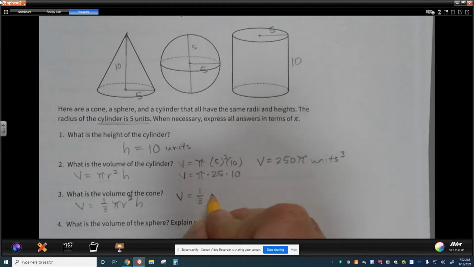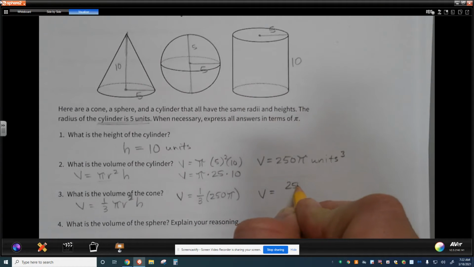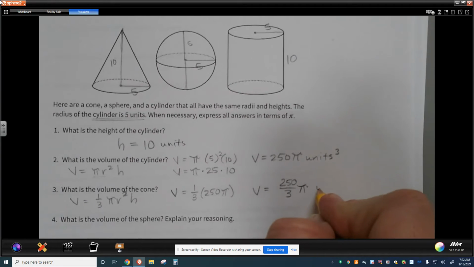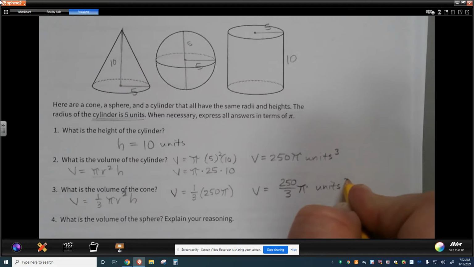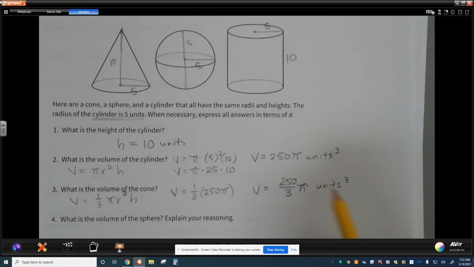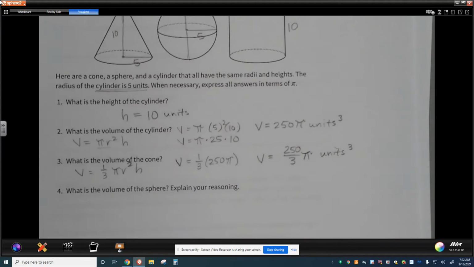So the volume should be 1/3 of 250 times pi. So we would say the volume is equal to 250 divided by 3 pi units cubed. The reason we're not going to a decimal right now is because we're told to give the values in terms of pi, which means we want exact values, and this would be a repeating decimal that we don't want to play with right now.